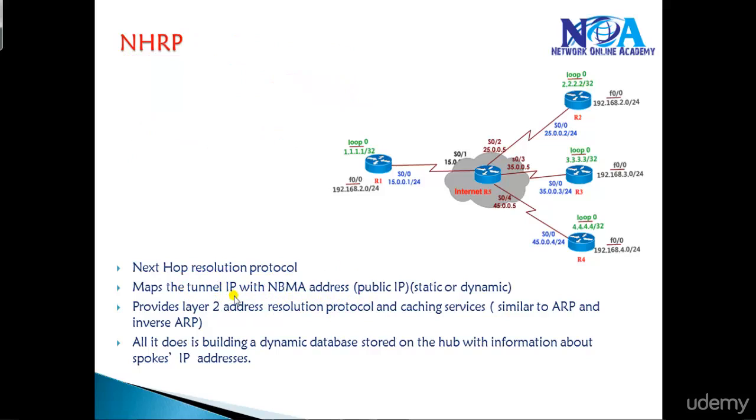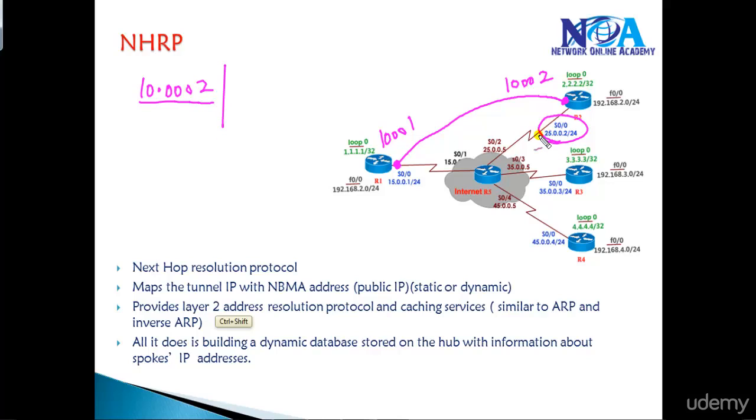Here we are going to create one tunnel from router 1 to router 2, and say that 10.0.0.1 and 10.0.0.2 are the IP addresses. The NHRP protocol is going to maintain the mapping information that this tunnel IP address is mapped with the public IP used on that particular tunnel destination, that is 25.0.0.2.